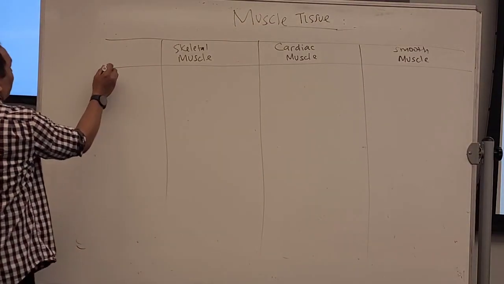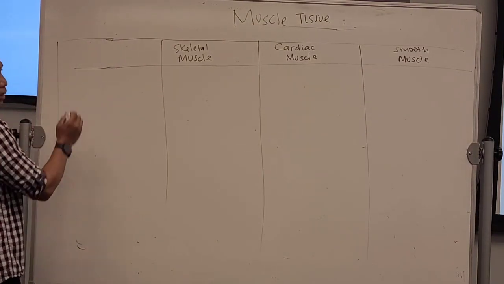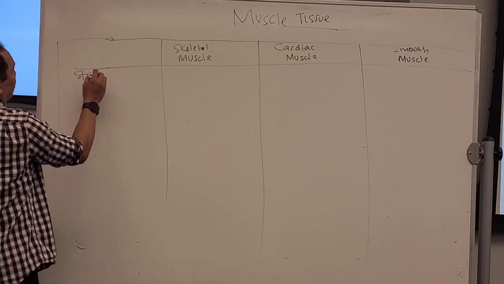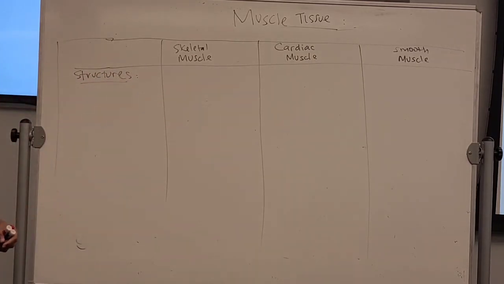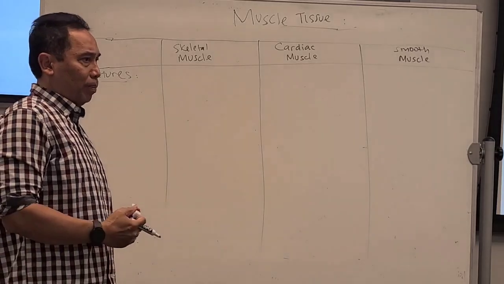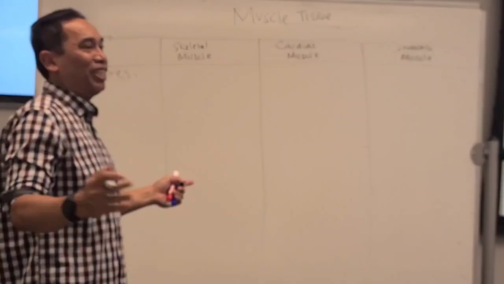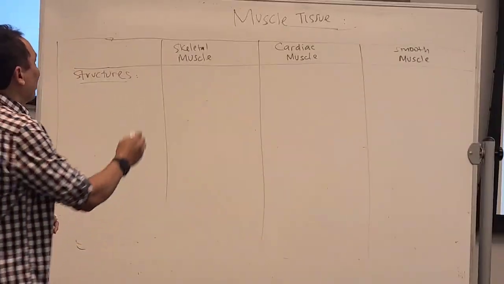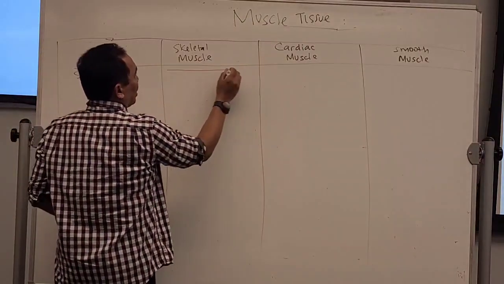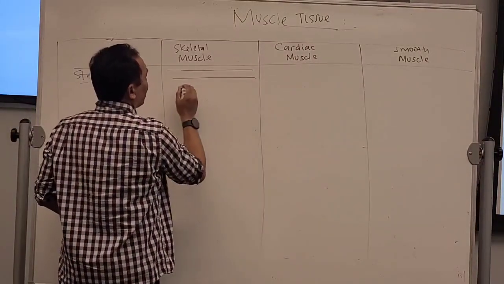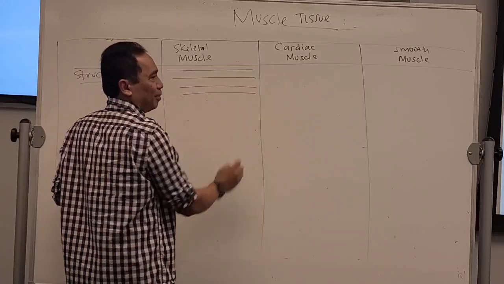Now, based on structure. Structure will be about shape, location, and so on. We're gonna see the shape first. It's a very long muscle, a long cell.